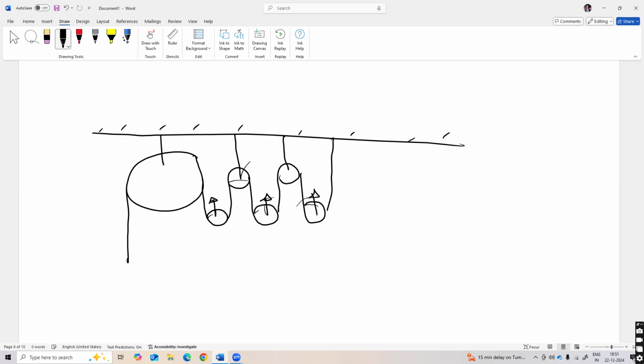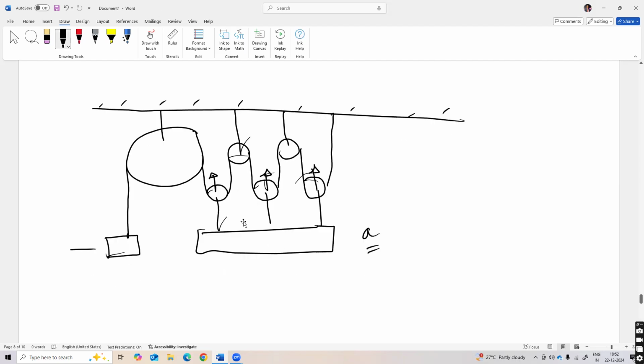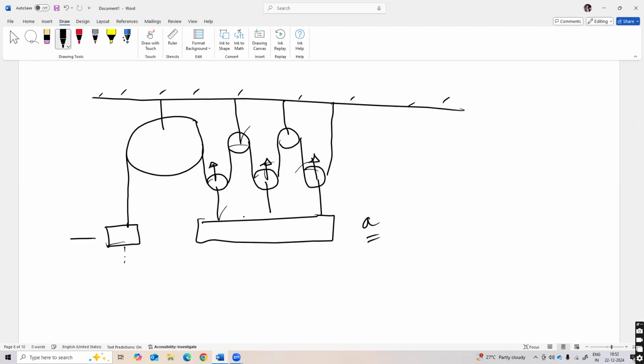These pulleys can move, and basically they are connected to a mass which is having acceleration A. Now, if this mass moves a certain distance, let's say x, then of course these three pulleys will go upward.